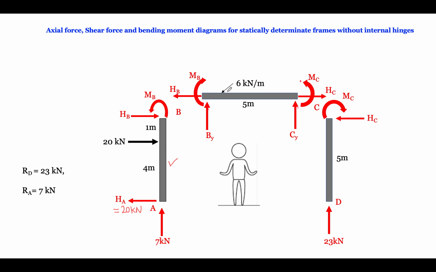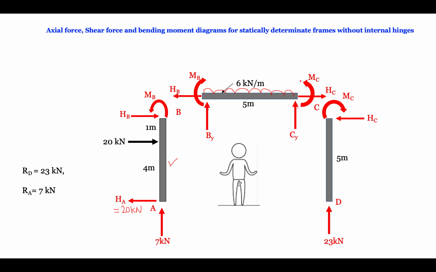This beam is also showing a sagging moment, and this is a UDL. Similarly for this joint, there should also be equilibrium, so if I draw it anti-clockwise, I will draw it clockwise. Initially I just draw the possible forces and moments. When we see every member individually, then we will come to know.